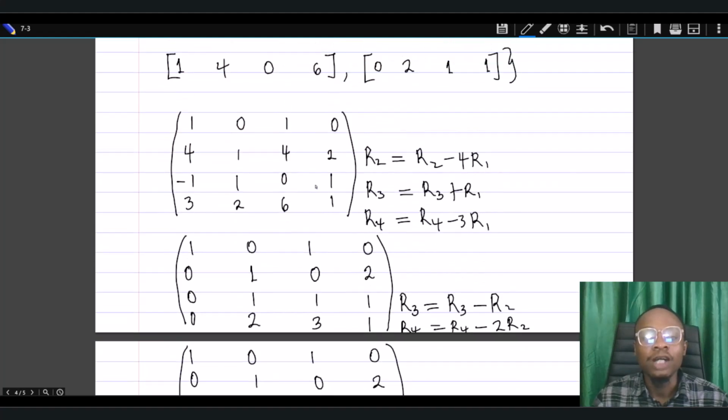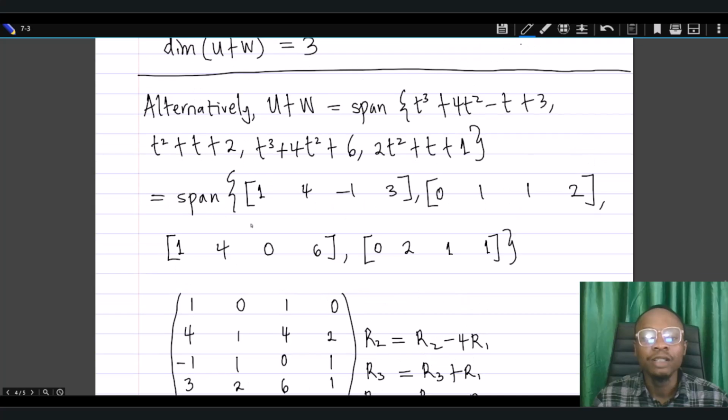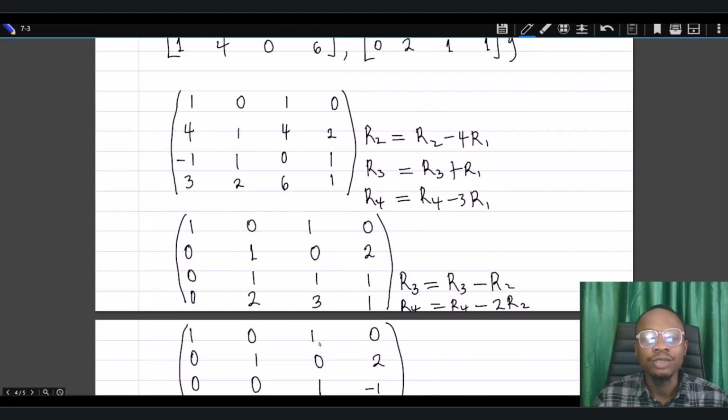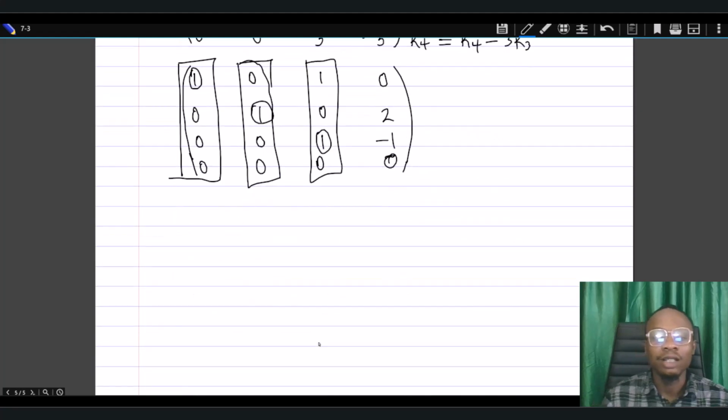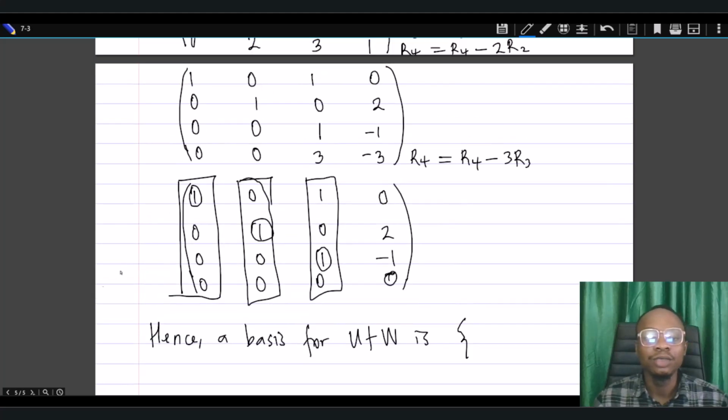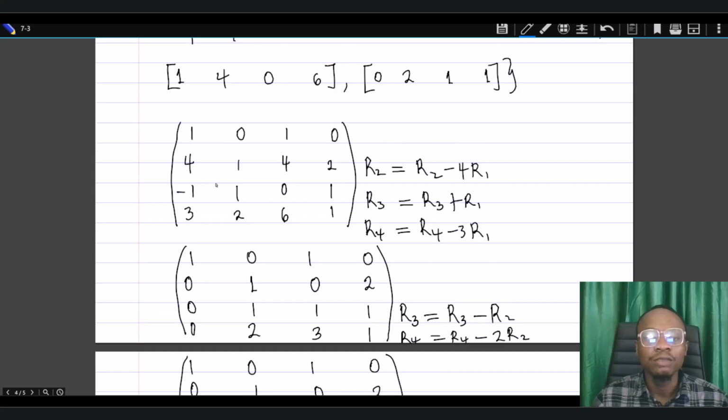So with that, we are good to go. We can now go ahead and pick them. Those will be the vectors 1 4 minus 1 3, 0 1 1 2, and 1 4 0 6. So we reach the same conclusion again, that the dimension of u plus w is actually 3. So as a basis, let's write out the vectors. We pick the vector corresponding to the first column in the original system.